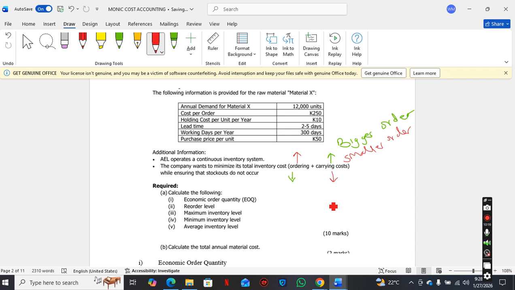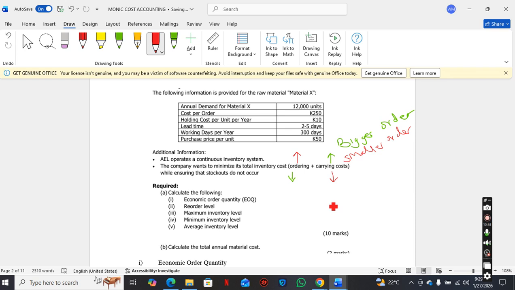Okay, so let me say it again. The bigger the order, the more the carrying cost. Then in terms of the ordering cost, it reduces.